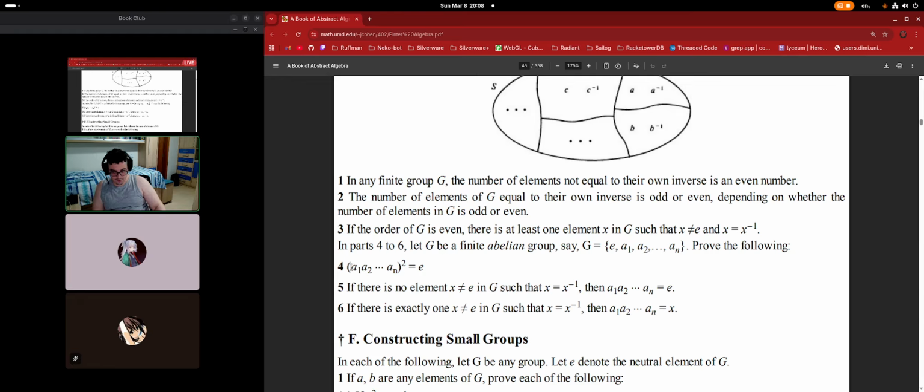It's a similar argument to 4. Same thing for 6 actually. If there is exactly one such element, you're going to do the same, but you're going to have a lonely guy there.